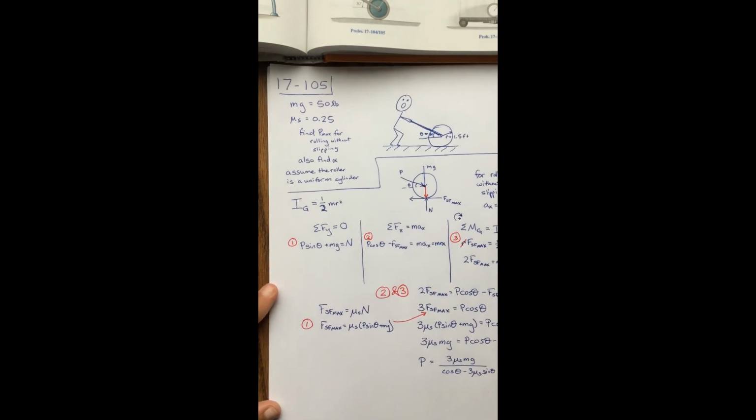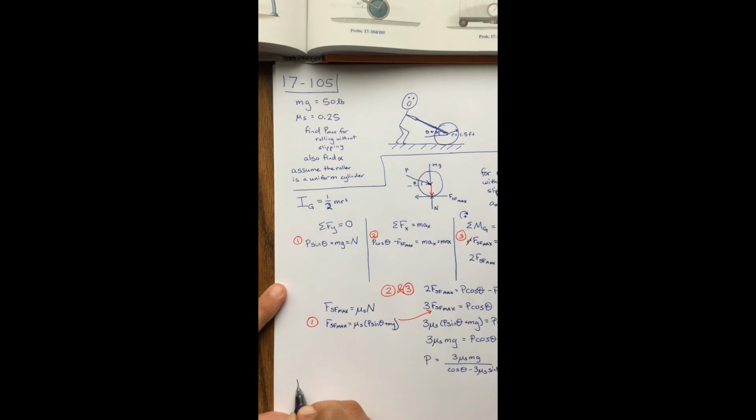And so I have p is equal to 3, the coefficient is 0.25, mg is equal to 50 pounds, my theta is equal to 30 degrees, so this is cosine of 30 degrees minus 3 times 0.25 times sine of 30 degrees, and this gives you 76.37 pounds for the maximum value at which you can push and still have rolling without slipping.